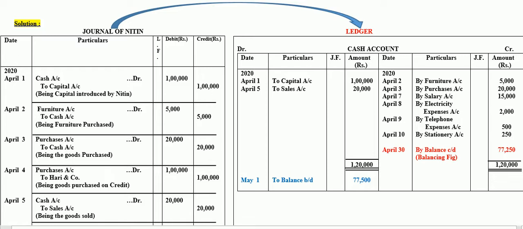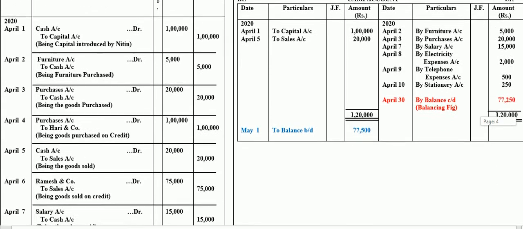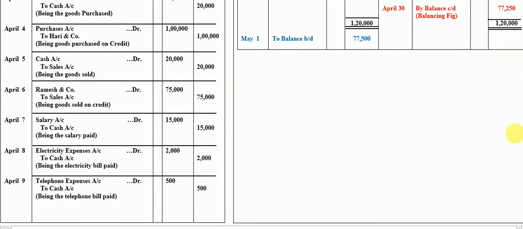Like that we'll have to do all the entries, and we'll post these entries into the ledger. Now comes April 6th. April 6th has no cash, that's why this transaction will not be recorded in the cash account. Now comes April 7th, that is the journal entry of salary account debit to cash account. So cash is on the credit side, that's why the salary will be recorded on the credit side.